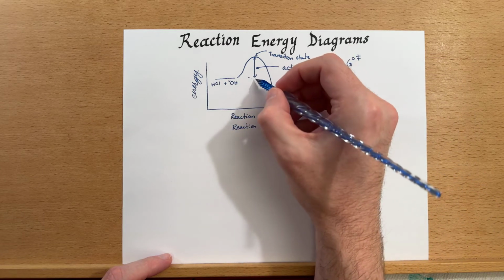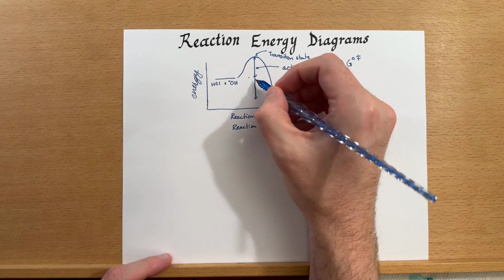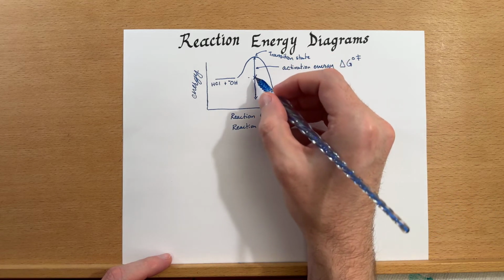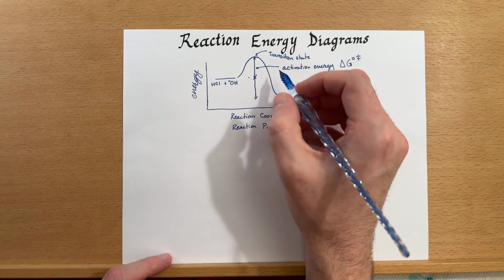And then we could have the delta G of the reaction. So that's the energy difference between the reactants and the products.